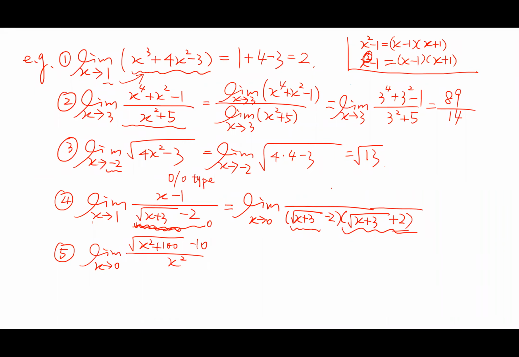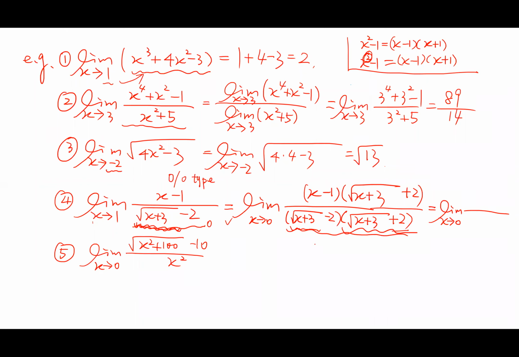So that is x minus 1 times square root of x plus 3 plus 2 here. This is the key step to solve this question. Can you understand this step, guys? Anyone has questions here? No questions. Okay, good. Excellent. So here we know that it equals, as x approaches 0, and that should be okay here.